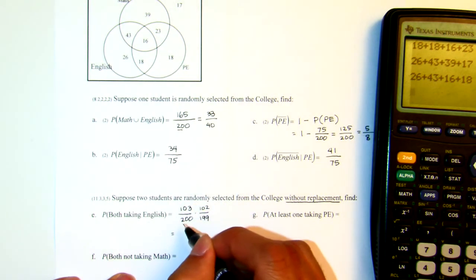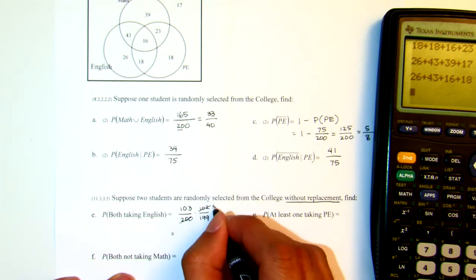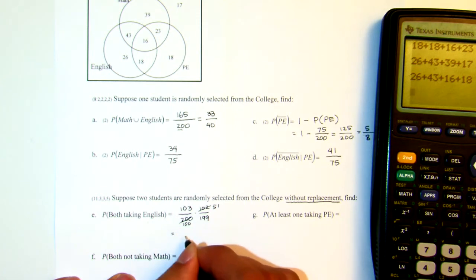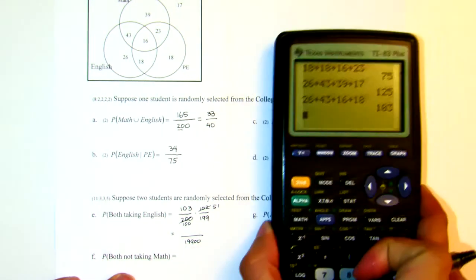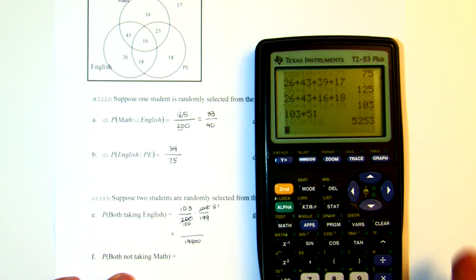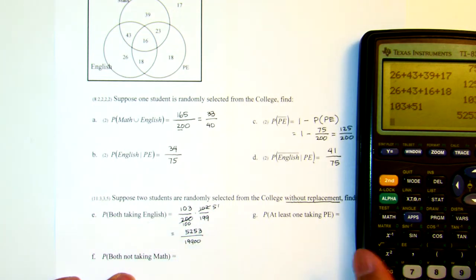I can cancel this, reduce by 2, this is 51, and this one is 100. It will be 19900 in the denominator, and for the top, I don't think I can do it mentally, let me use a calculator. That will be 5253.